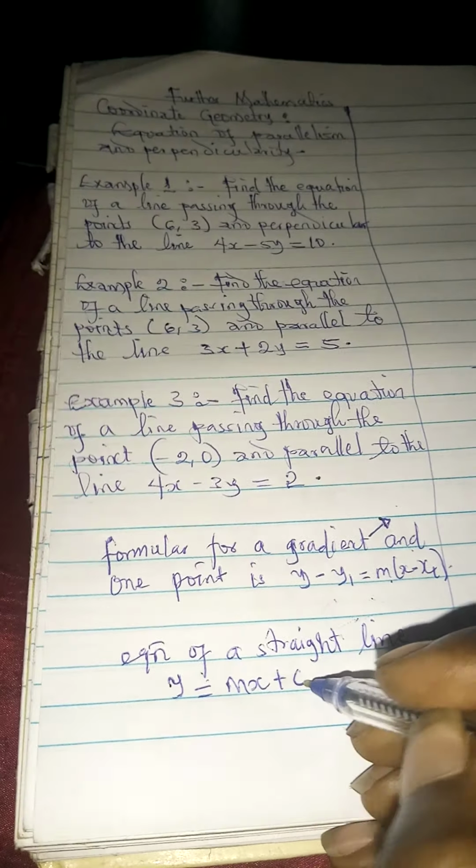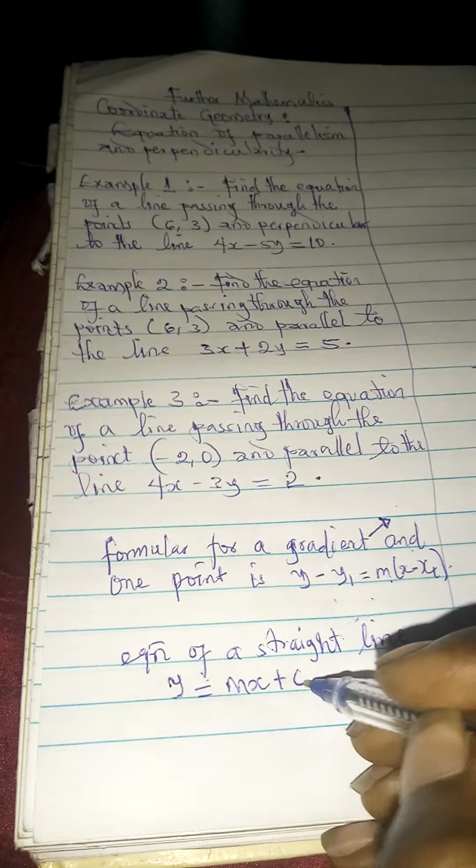What is the equation? 4x minus 5y equals 10. So your equation should be arranged in this form of equation of a straight line, y equals mx plus c. That means that you have to make y the subject of formula in order for you to obtain your slope, which is the coefficient of x.